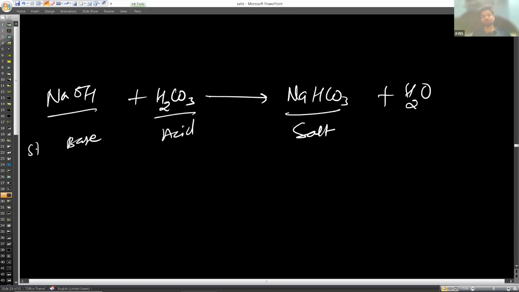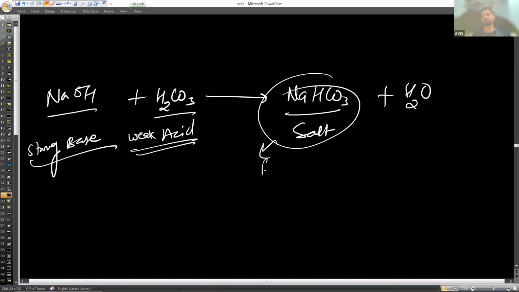But here it is a strong base and here it is a weak acid. So a strong base when reacting with a weak acid will give you a basic salt. And basic salt means? Tell me fast, basic salts means?